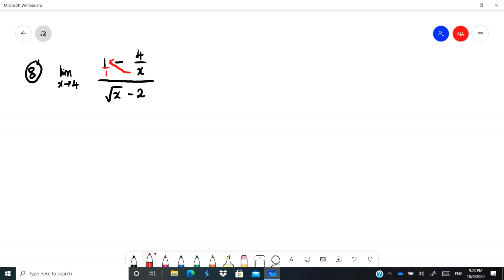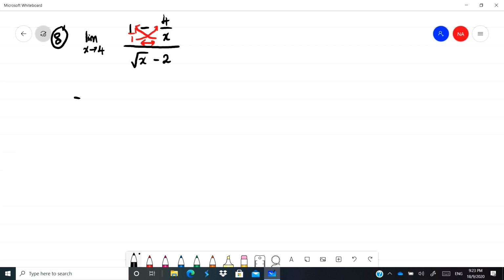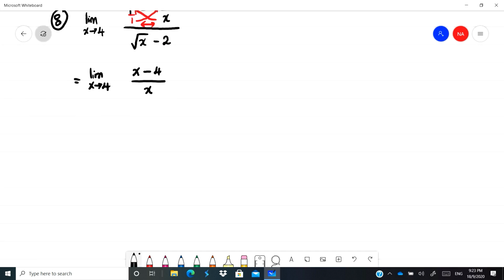This is 1 over 1. So cross multiply that. So you have the limit as x approaching 4 of x minus 4 over x, but don't forget the one at the denominator, square root x minus 2.